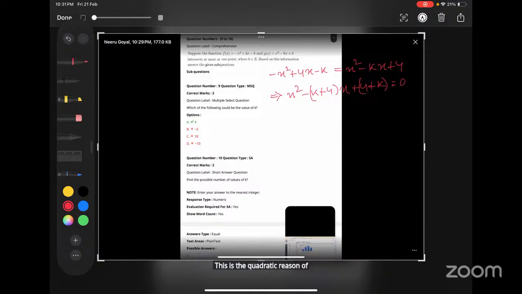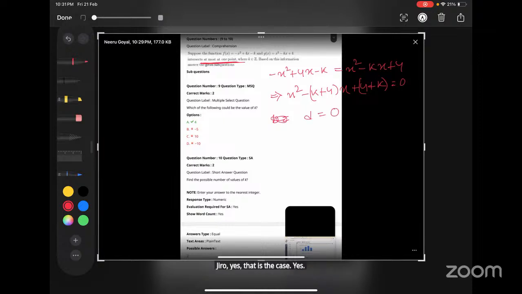The discriminant should be greater than 0, or less than or equal to 2? We are using at most 1 point, which means the discriminant should be equal to 0. Yes, that is it.